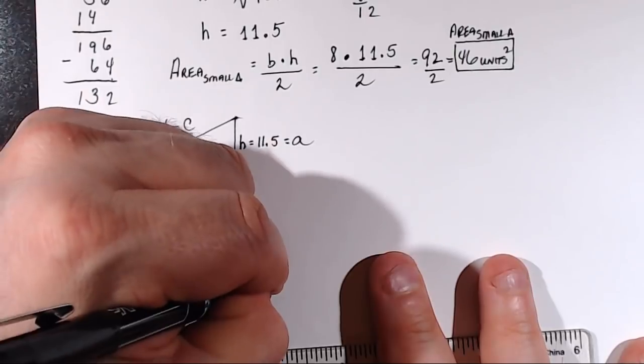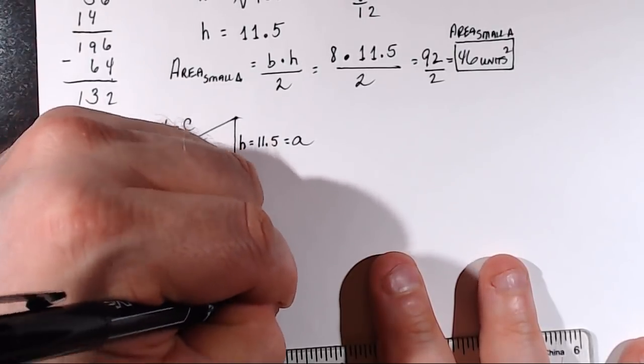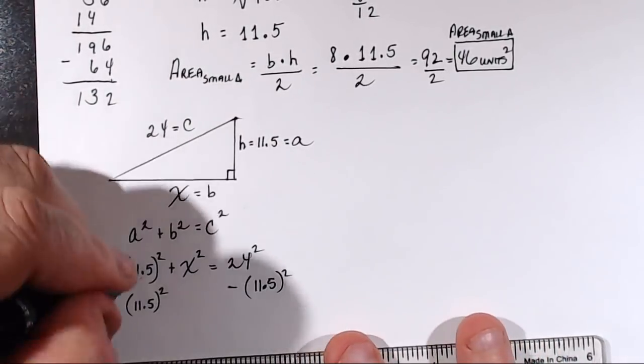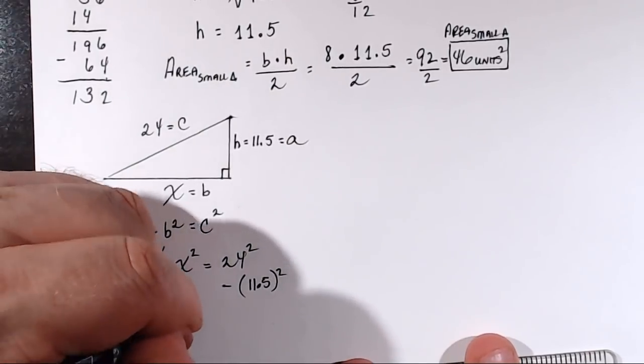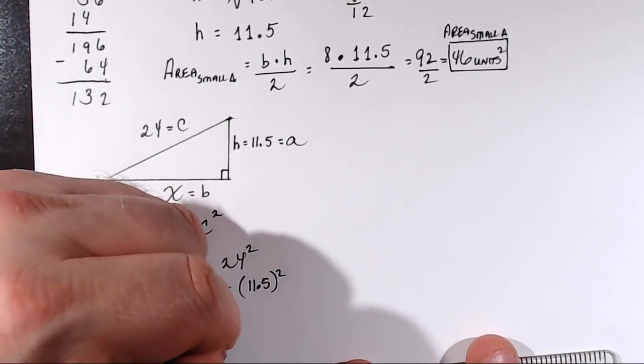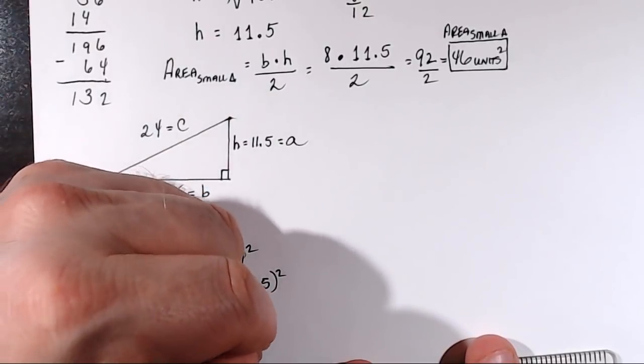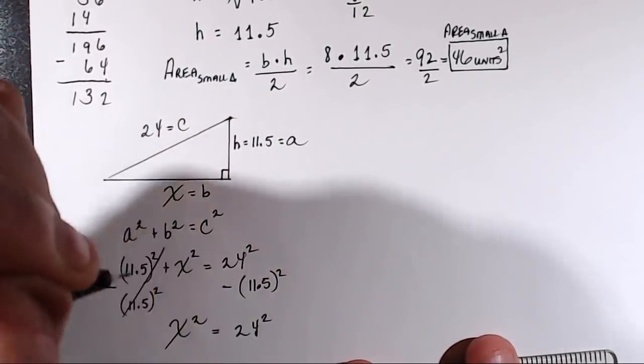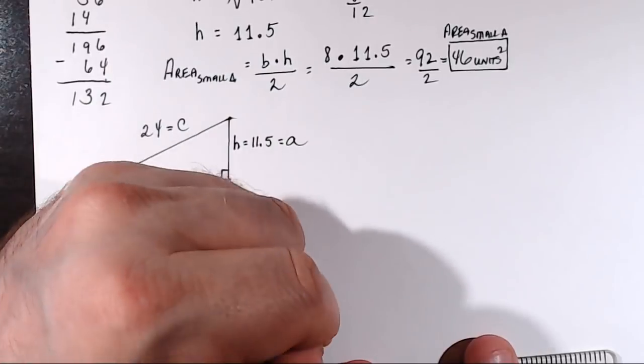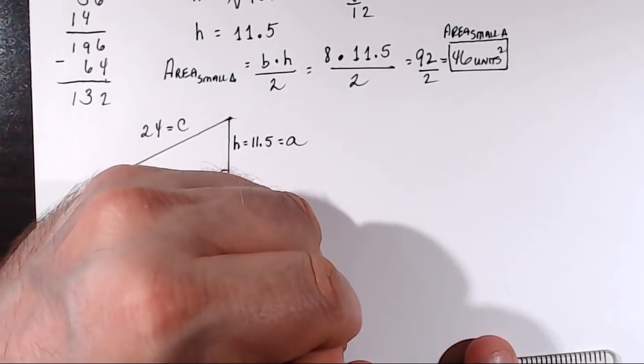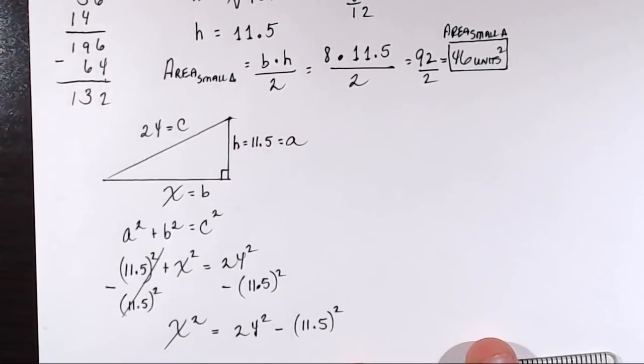Now you have x squared equals 24 squared minus 11.5 squared.